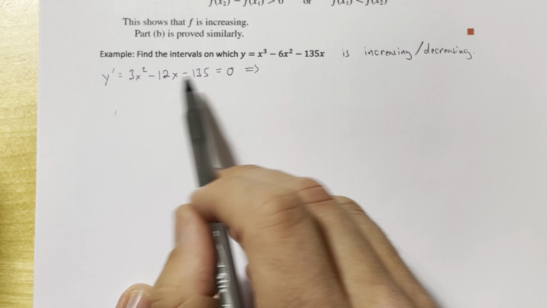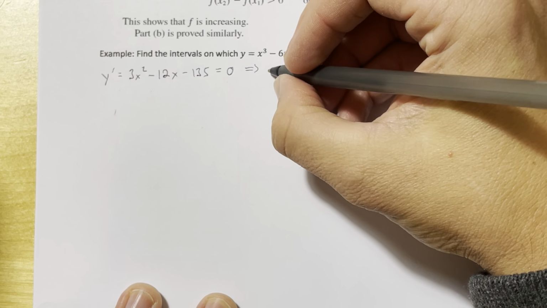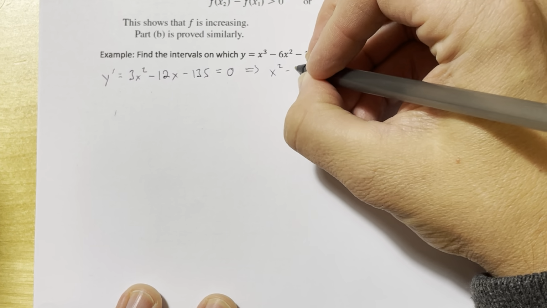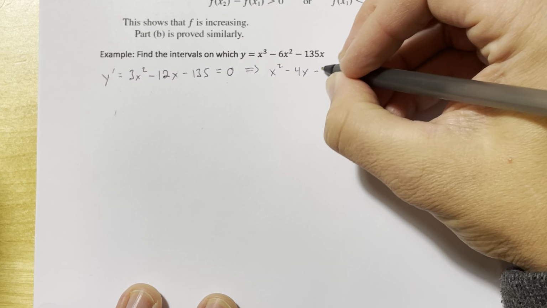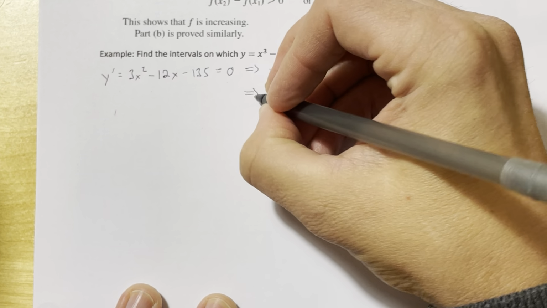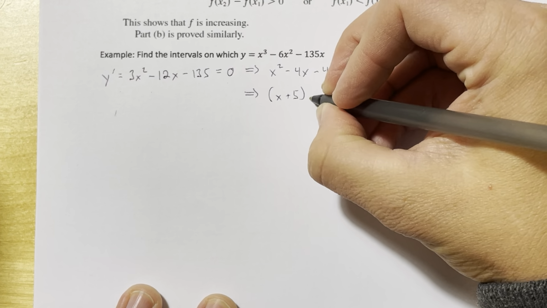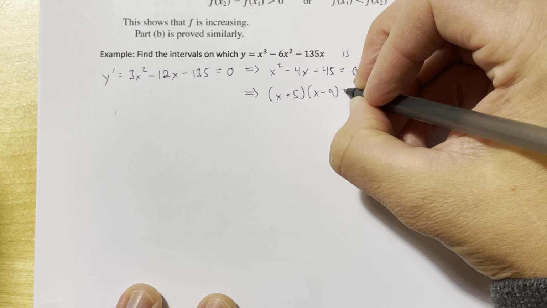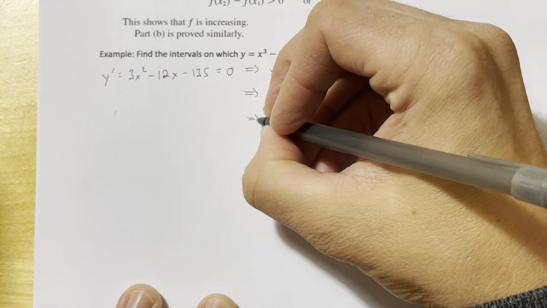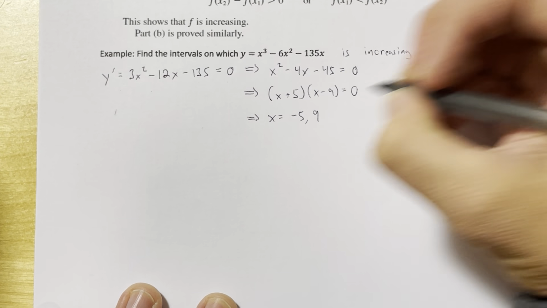If I were to divide both sides of this by 3, because that's the greatest common factor in that polynomial, I would get x squared minus 4x minus 45 equals 0. And that factors down to x plus 5 times x minus 9 equals 0, which implies that x is equal to negative 5 or 9.